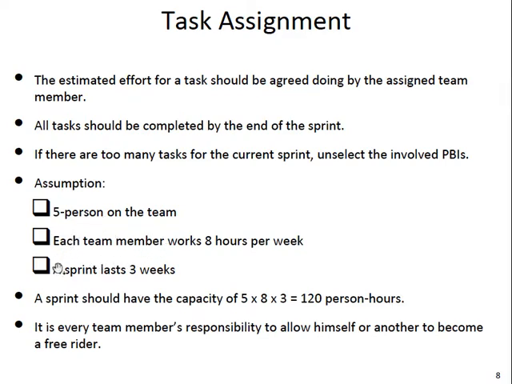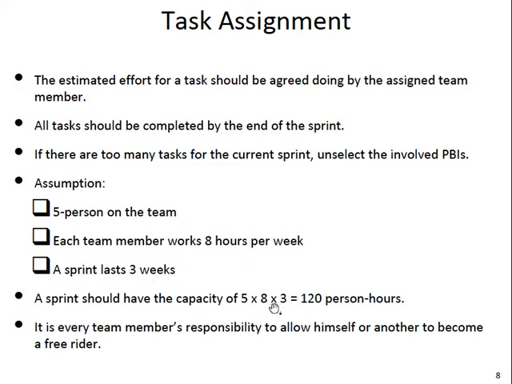Okay. Let's say if we have 5 persons on the task, 8 hours per week, sprint size is 3 weeks, then in terms of person hours, it will be 5 times 8 times... oh, okay, sorry. 5 days, 8 hours per week, 3 weeks, 24 hours.